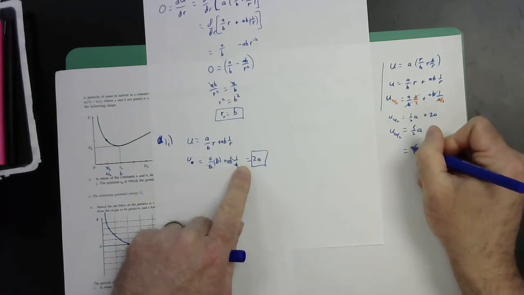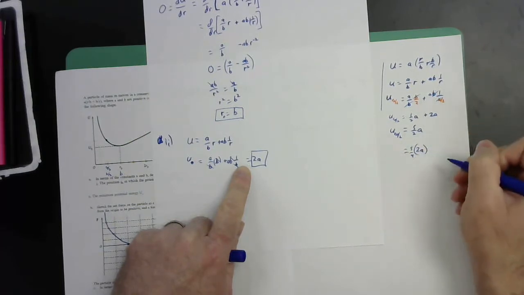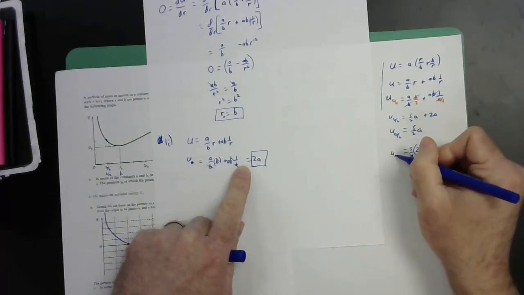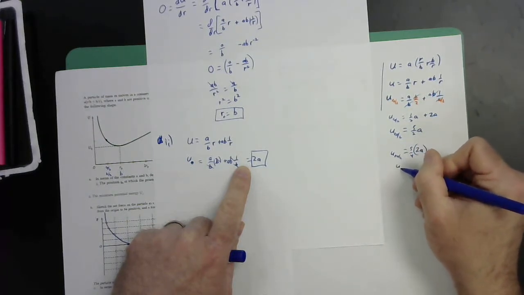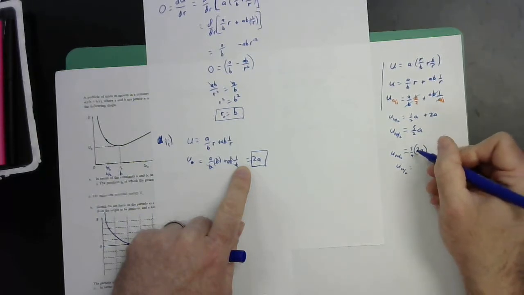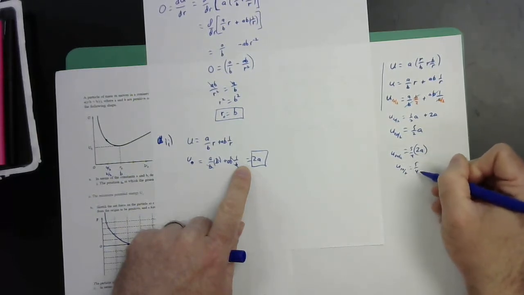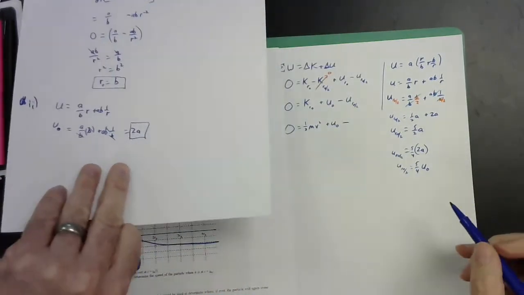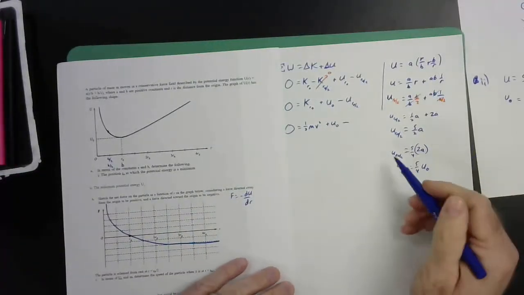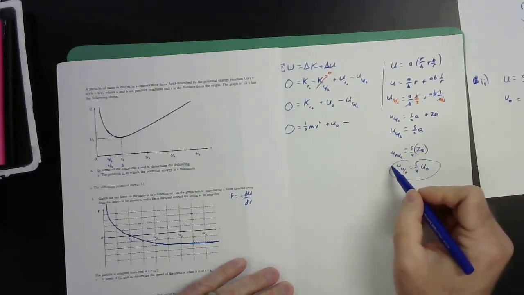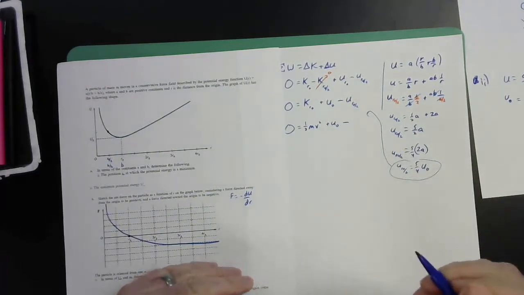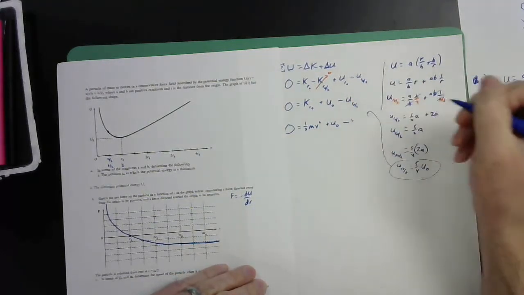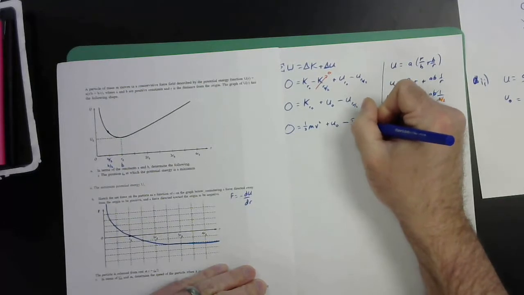I'd have to multiply that by 5/4. Do you see that? 5/4 times 2A would be 5/2 A. So U at R naught over 2 is 5/4 times U naught, because U naught was 2A. So that's what I'm going to put in there for U at R naught over 2, because they wanted it in terms of that. So this is going to be 5/4 U naught.